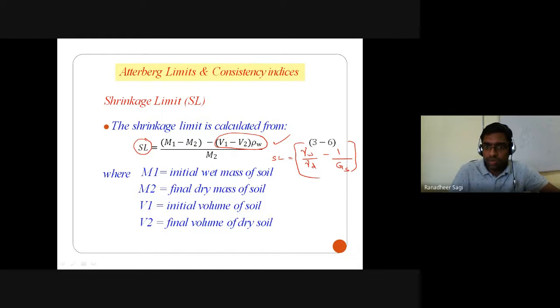So from this expression only, you are writing your expression for shrinkage ratio, shrinkage limit, and the relation between shrinkage ratio, shrinkage limit, and your specific gravity of soil solids. So how are we getting this expression? Upon modifying this general expression, we get the expression for shrinkage limit in terms of unit weight of water, your dry density, and specific gravity of your soil solids.